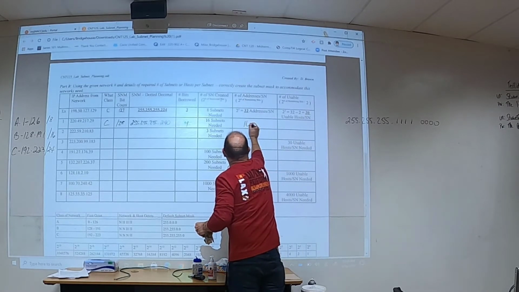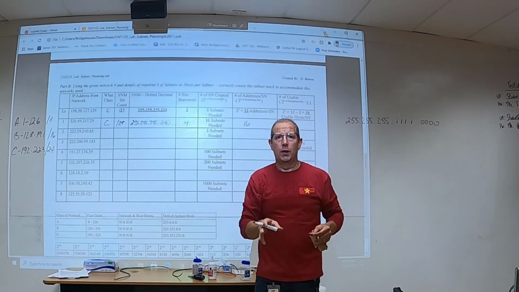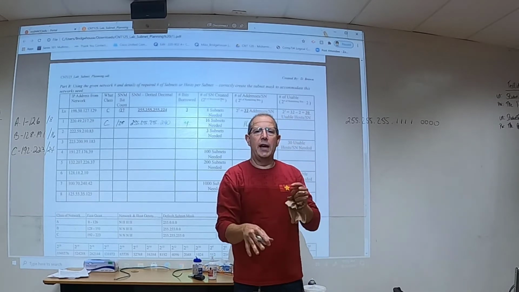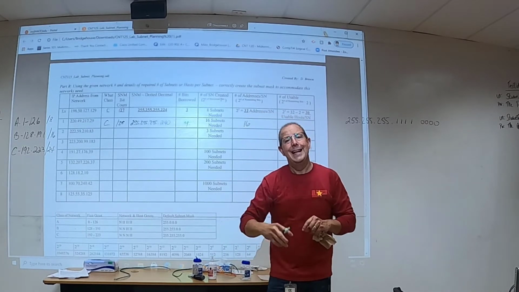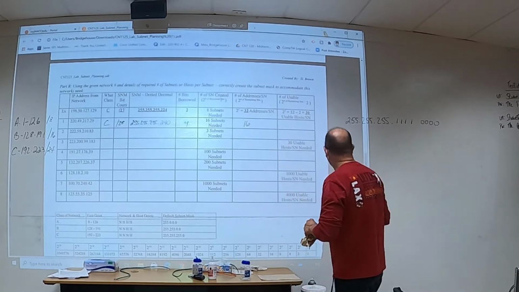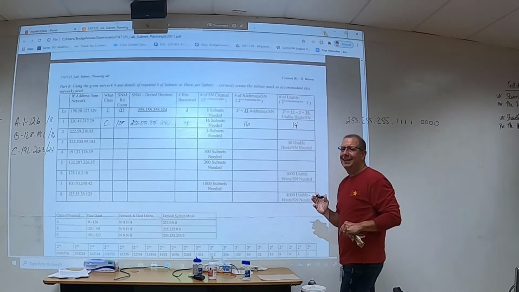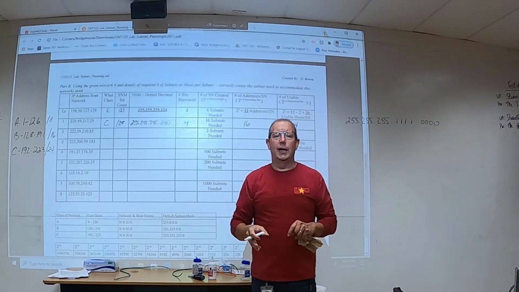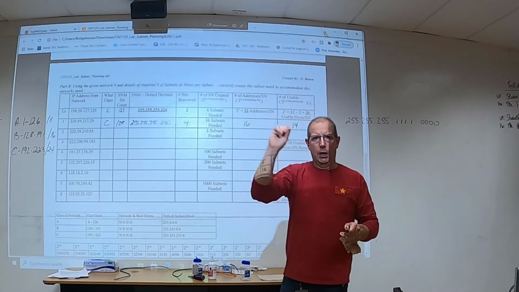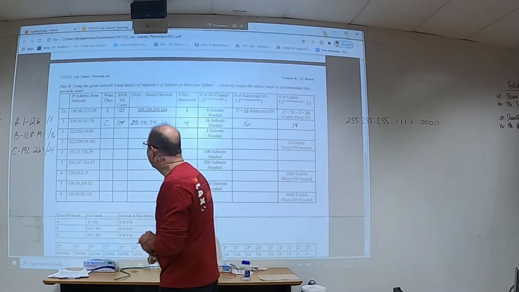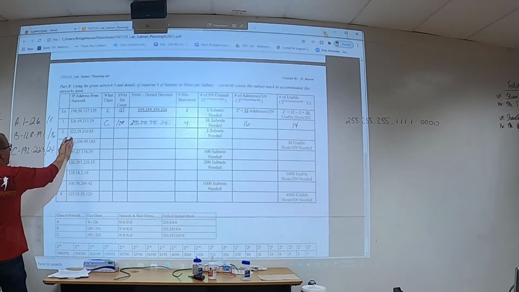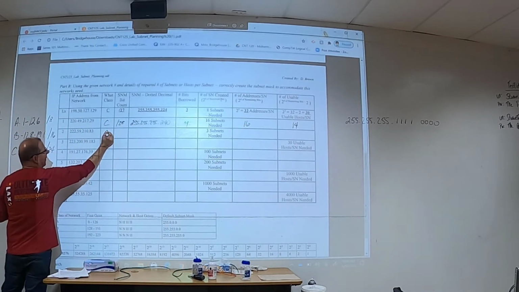So I made 16 total networks. Can't use the first one, can't use the last, because the first one is a network number, the last one is a broadcast number. So that means I have a total of 14 usable hosts on each one of those networks. Perfect. Another one we're going to do here, another class C network right out of the gate.